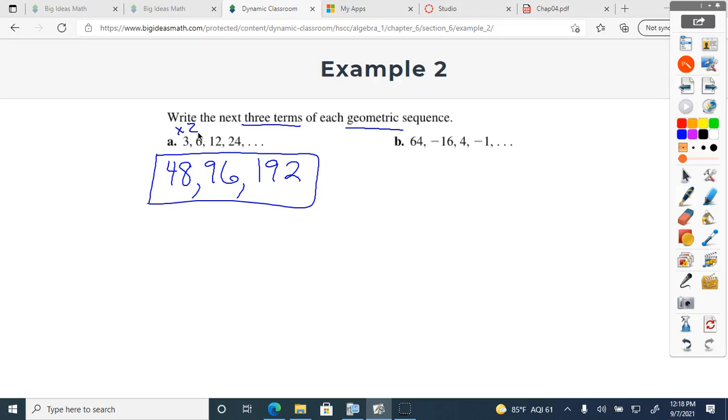Okay? How about part B? It's not 4, it's negative 4. And it's negative 1/4 actually. Because again, we're getting smaller.